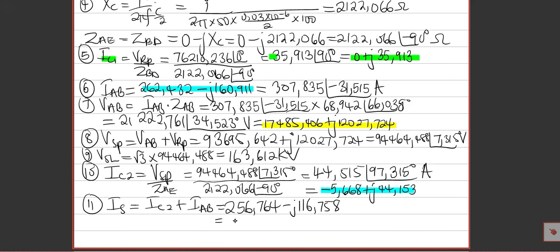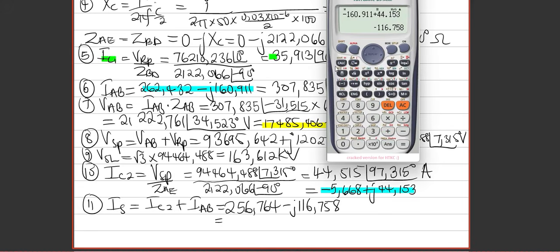Convert your final answer to polar form. 256,764 shift minus 116,758. We have 282,064 at the angle of minus 24,453.